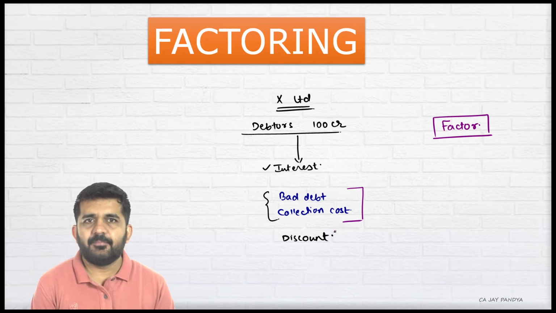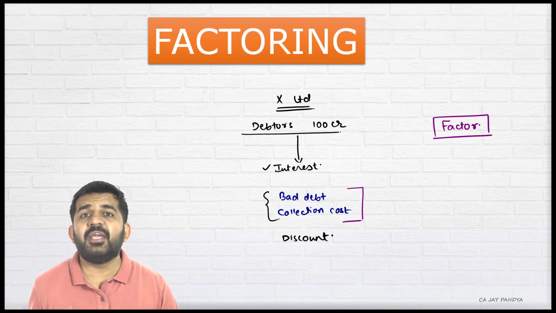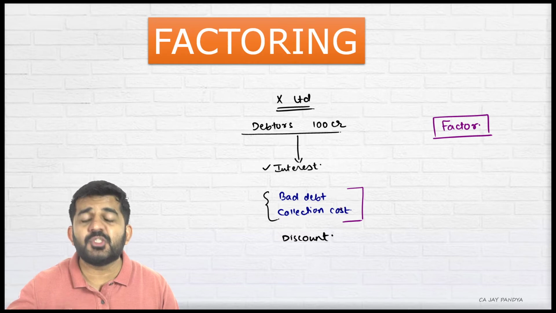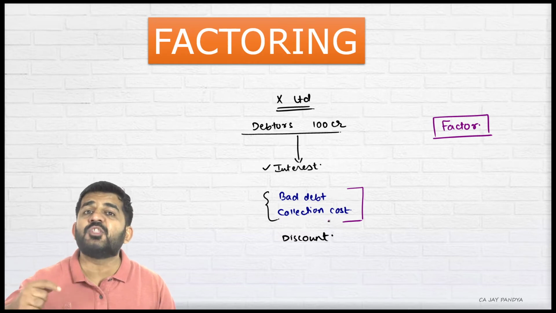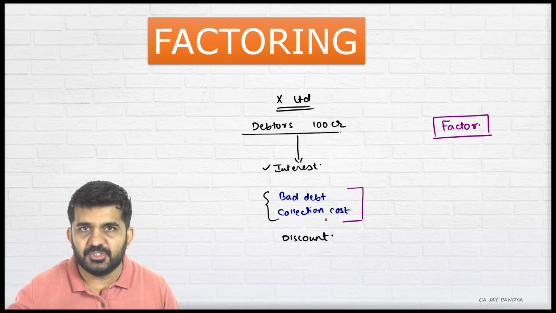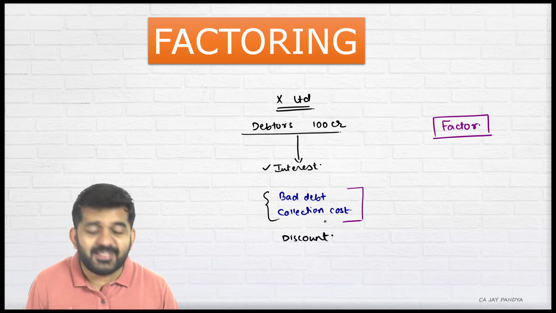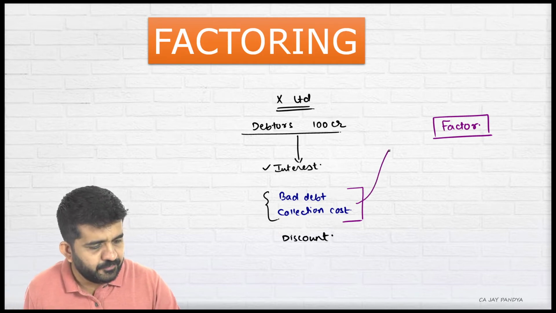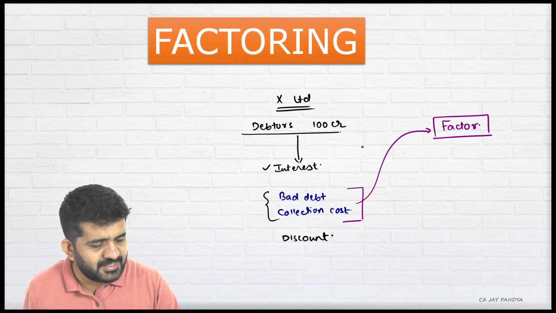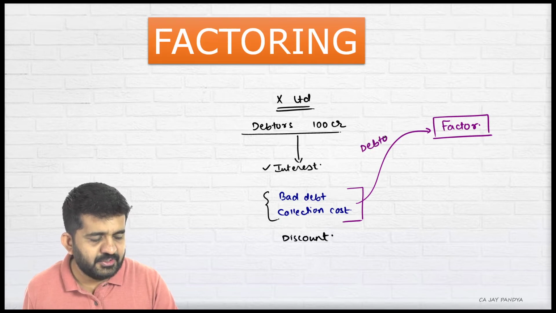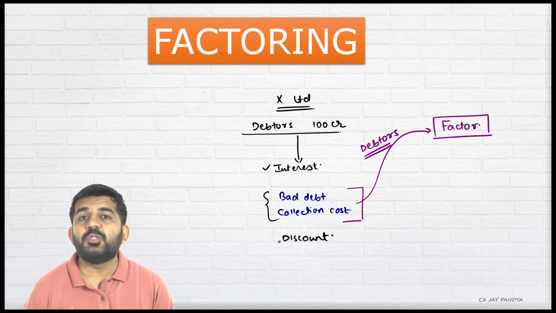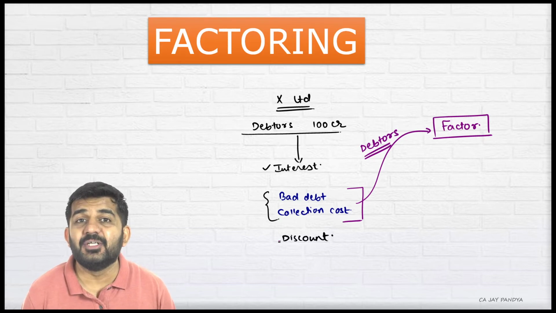We undertake to take the risk of your bad debt, and we will be collecting your debtors. So what you practically do is you sell your debtors to the factor. Now they are no longer your debtors, they are debtors of your factor.